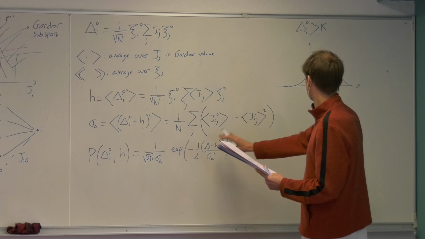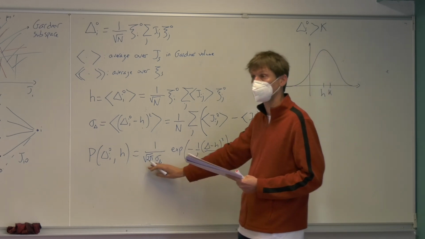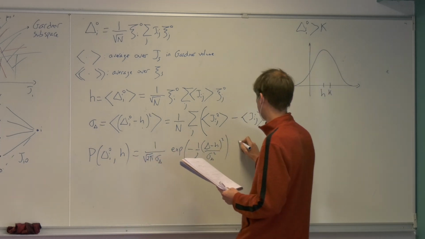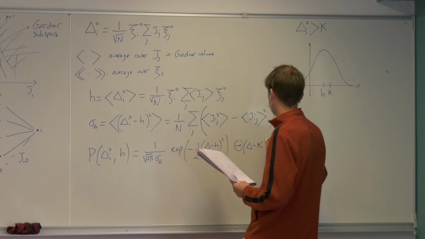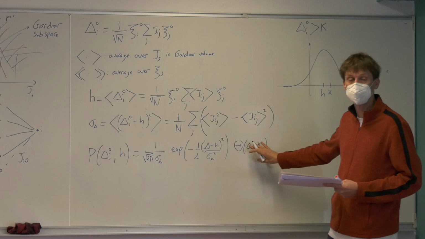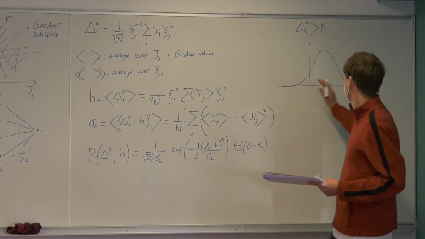And of course we have a normalization factor because here there will be a theta of delta minus k. This is basically after we learn the pattern, we no longer have any negative deltas.